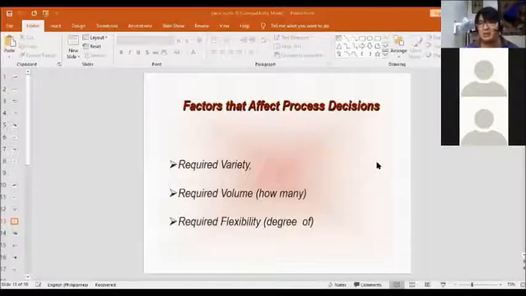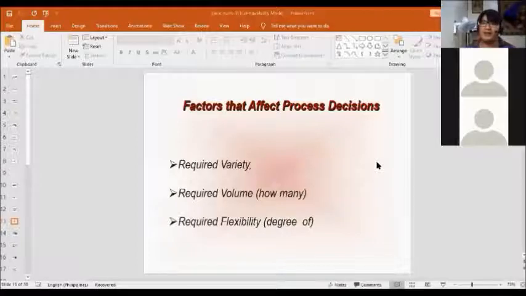Later we will discuss the different process techniques when it comes to volume. We will discuss job shop, batch, continuous, and mass production. But again, when we have an increase in volume, our process decision is definitely affected.